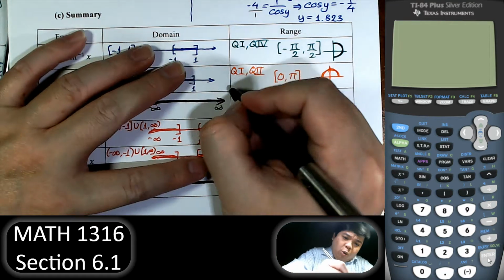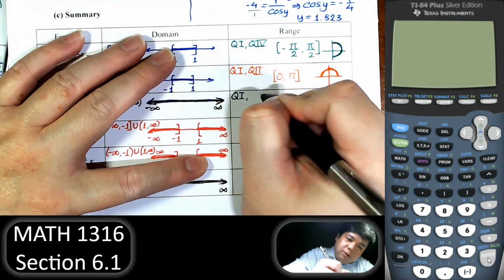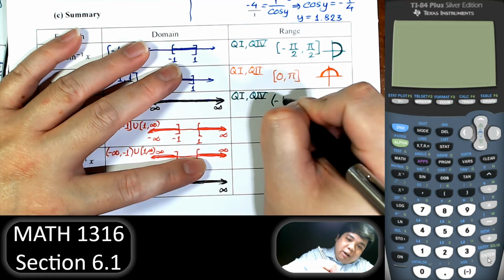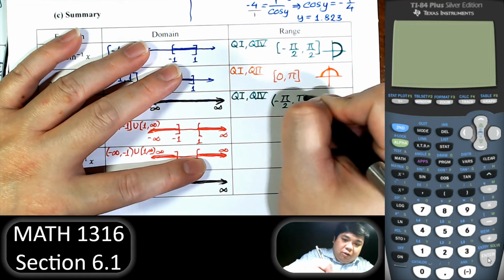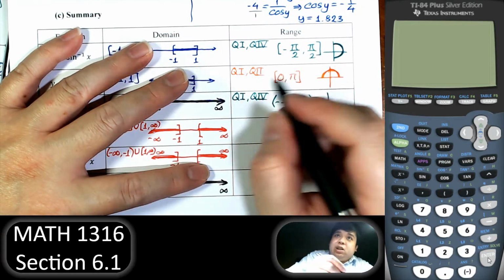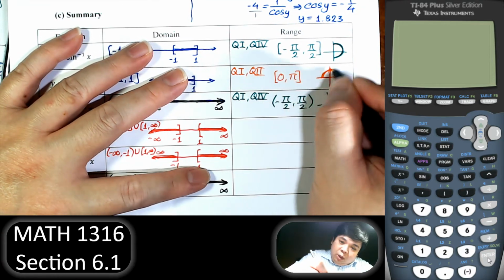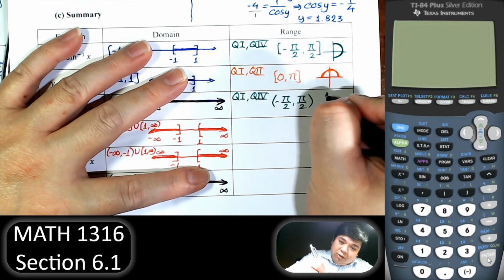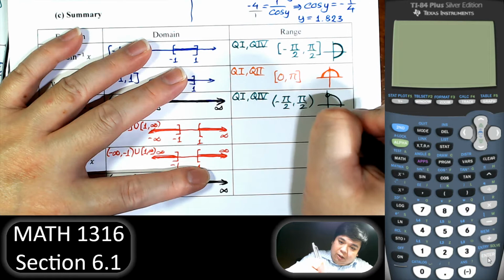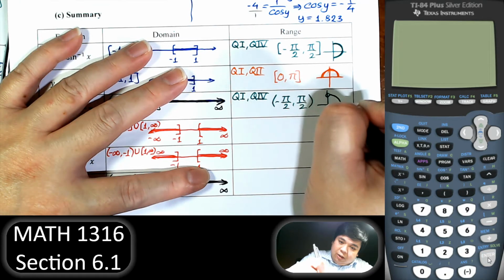And for cotangent, the range will still be in quadrant 1 and 2, but without the endpoint.